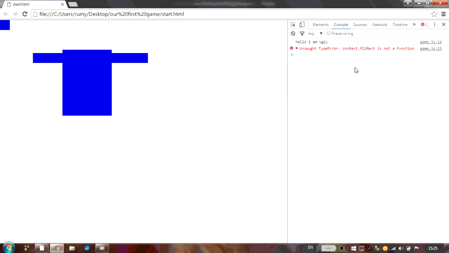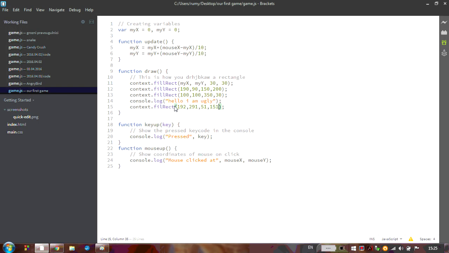I have an error again, and again: context.viewRect is not a function. I think this is exactly the function that I teach you. Have I made some mistake again?